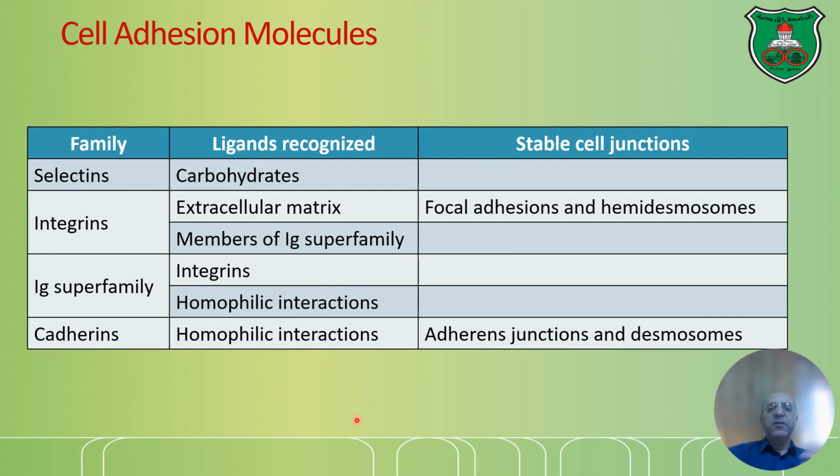So we have basically different types of receptors on the cell surface. There are four types. So primarily we're going to focus on these four. We have receptors or adhesion proteins known as selectins, and they can interact with carbohydrates on the other cell line or cell type.